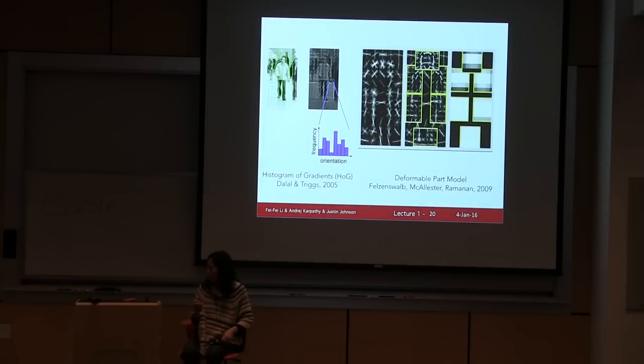And then almost one last model before the deep learning model is this feature-based model called the deformable part model. This is where we learn parts of an object, like parts of a person, and we learn how they configure in space, and use a support vector machine kind of model to recognize objects like humans and bottles.